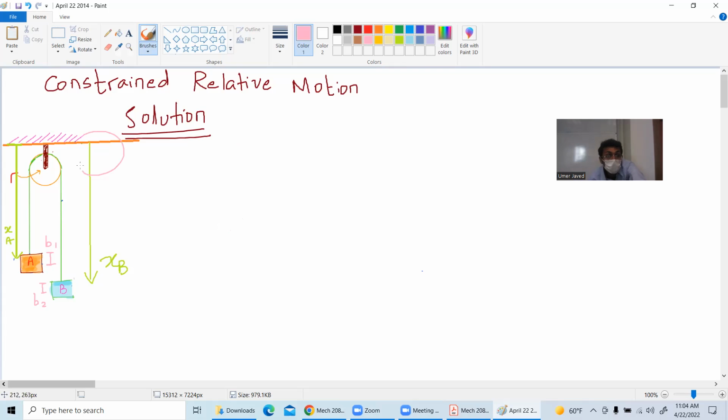Similarly, you can call this your height H. Now, I keep emphasizing that this whole hard work has to be done by you. You are the one who is defining these dimensions. Till the center of the pulley, yes.